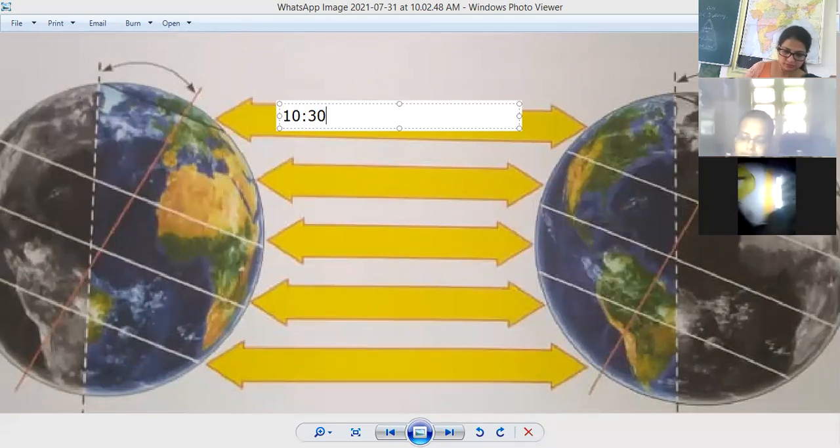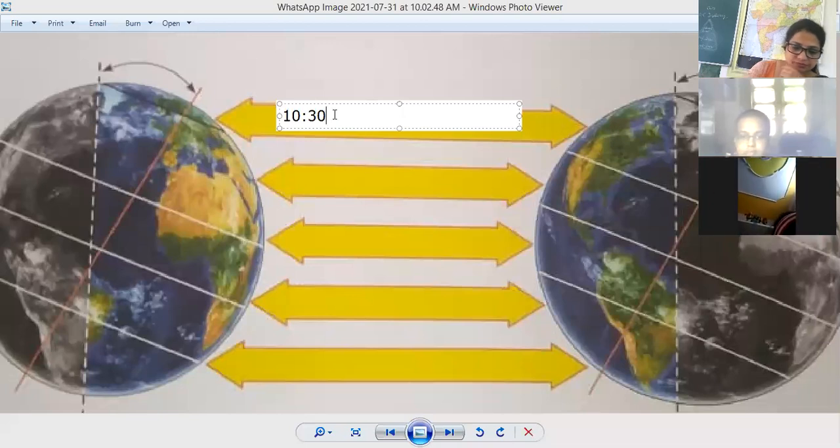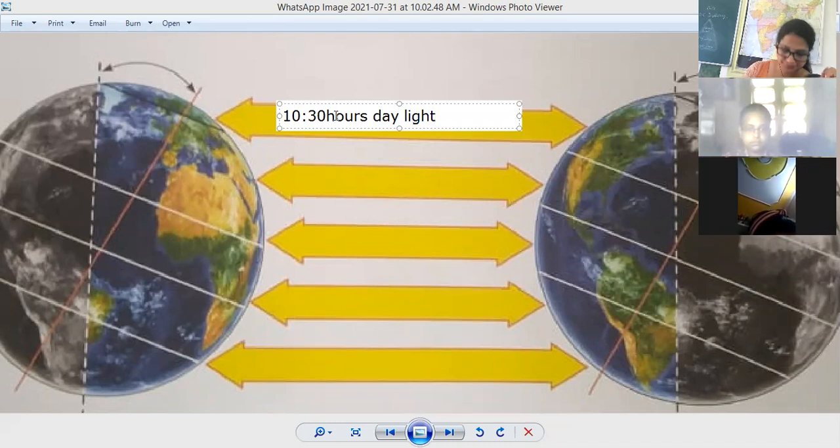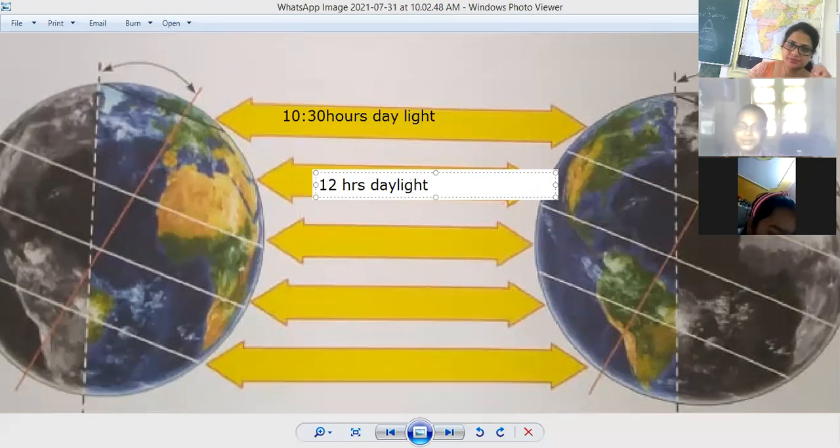Ten and a half hours daylight. Next, write down 12 hours, 12 hours daylight.